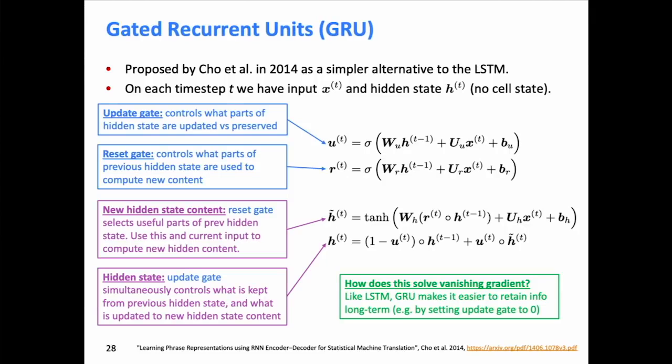So for example, here, if the update gate UT is set to 0, then we're going to be keeping the hidden state the same on every step. And again, that's maybe not a good idea, but at least that is a strategy you can easily do in order to retain information over long distances. So that's kind of like the same explanation of how GRUs make it potentially easier for RNNs to retain information long term.